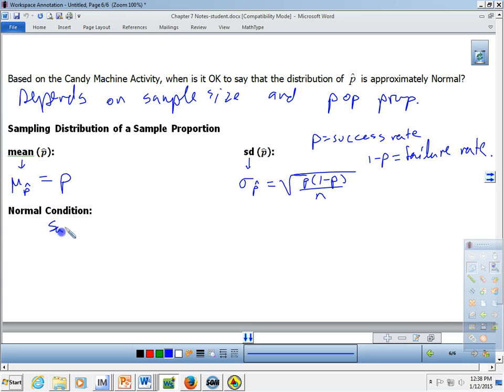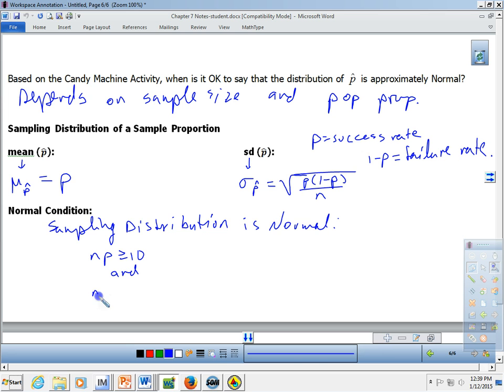The sampling distribution will be normal if n times p is greater than or equal to 10, and if n times 1 minus p is greater than or equal to 10, okay?